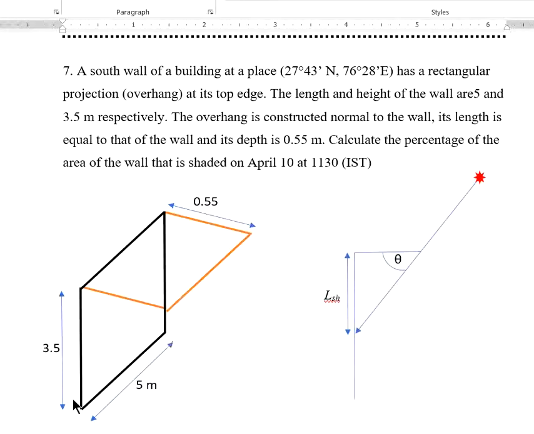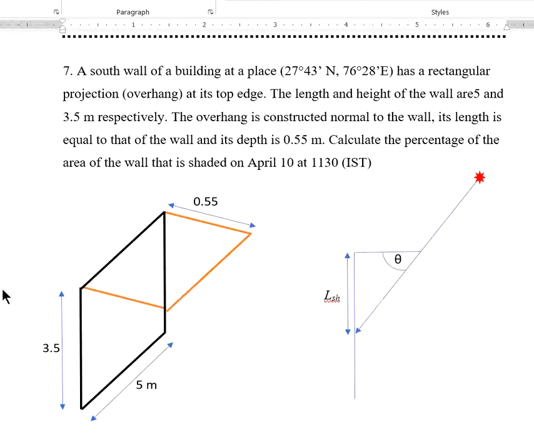The overhang is constructed normal to the wall, and its length is equal to the wall length, that is 5 meters. The depth of the overhang is 0.55 meters. Calculate the percentage of the area of the wall that is shaded on April 10th.